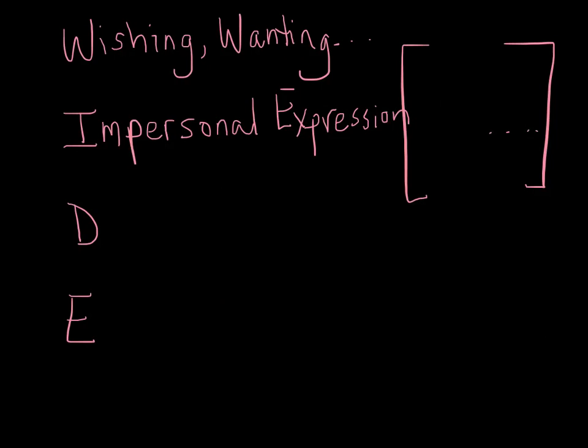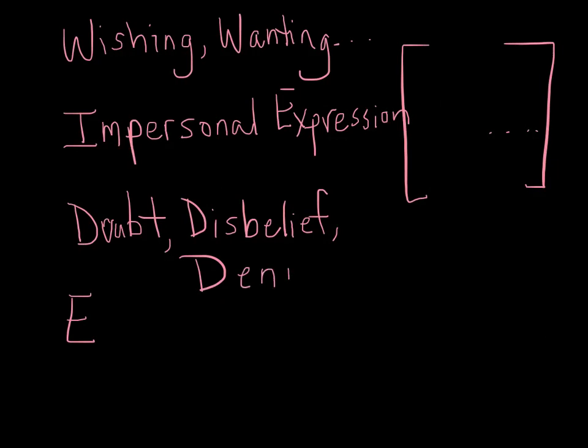If the main part of your sentence expresses doubt, disbelief, or denial about what someone else is doing, then you're going to be required to use subjunctive. And finally, if the main clause contains an expression of emotion about what someone else is doing, you're going to be required to use subjunctive.